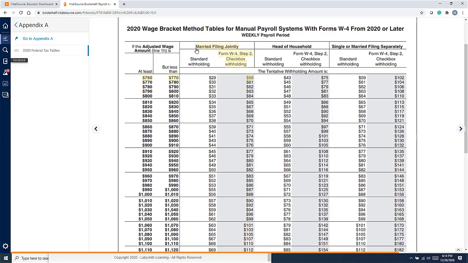based on marital status, look in this column here, married filing jointly, all right? Married filing jointly. And then it's either the standard withholding or the Form W-4 Step 2 checkbox withholding. Which one is it? It's going to be this one, right? Because that's what's given in the problem.